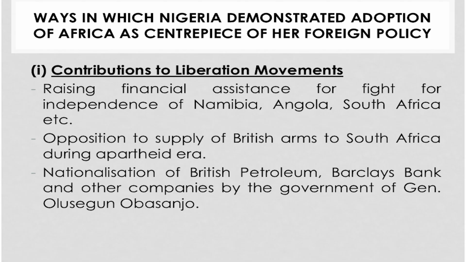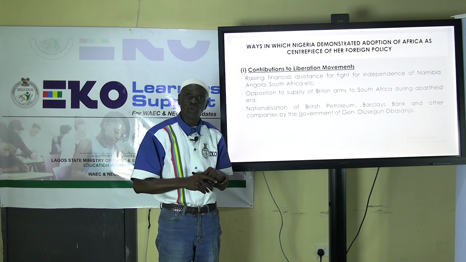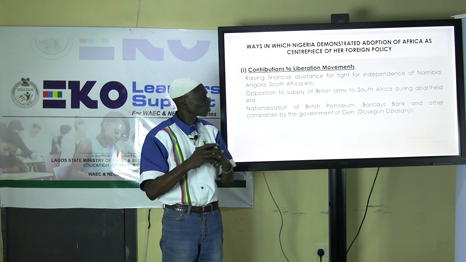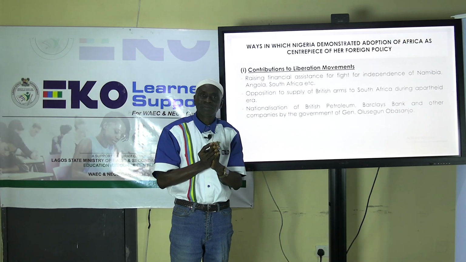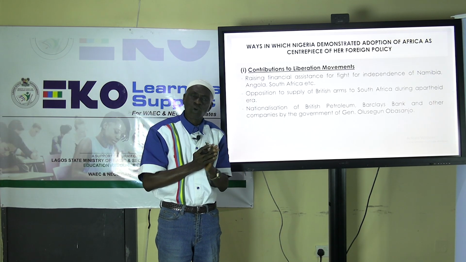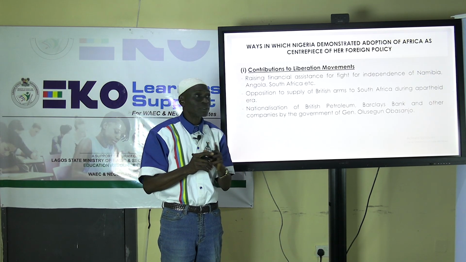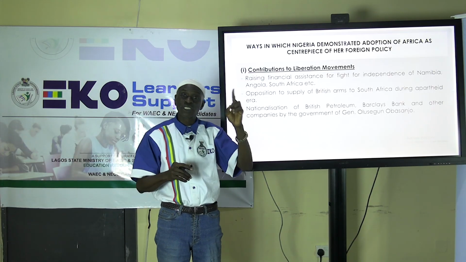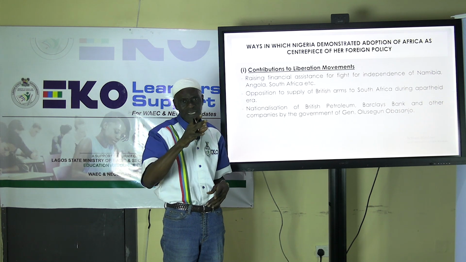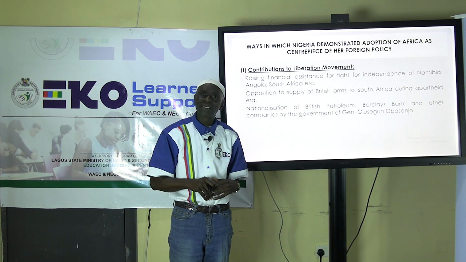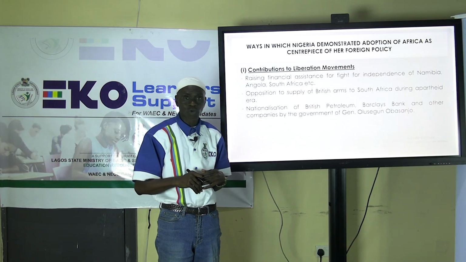Nigeria opposed it and it was not allowed to happen. And because of that, South Africa had some respite, even though apartheid did not stop immediately. But Britain did not join other countries to support military arms to fight the blacks. Nigeria was in the forefront to oppose it.